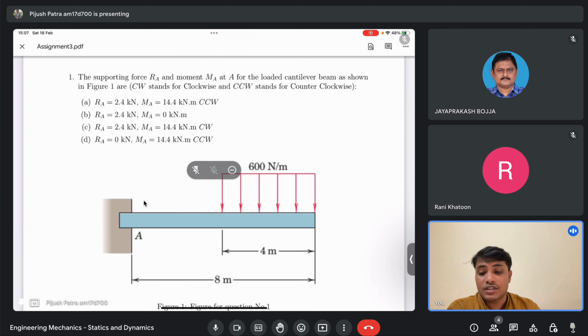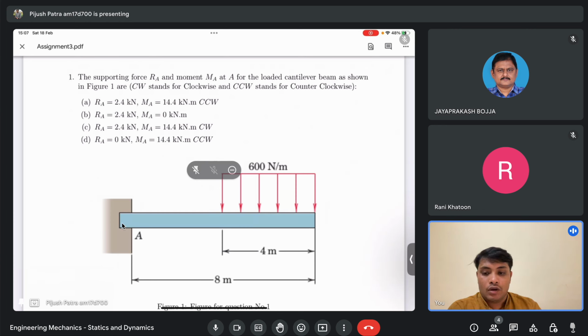The support is the built-in end of the beam. It is built in at A, and it's a cantilever beam of length 8 meter, and from the end of the beam up to 4 meter there is a uniformly distributed load of 600 Newton per meter. What you need to calculate is the reaction force and the reaction moment at the built-in edge.